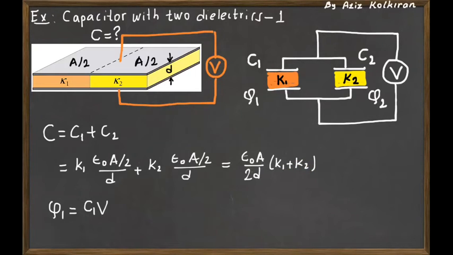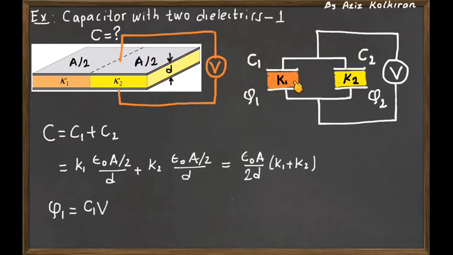Well, with this information, you can easily figure out the charges of these plates. You separate these plates into halves. They are at the same potential, but do they have the same charge? Of course, when you apply the relation between the charge, the capacitance, and the potential difference, you will notice that since they have different dielectrics in between the plates, they will have different charges.